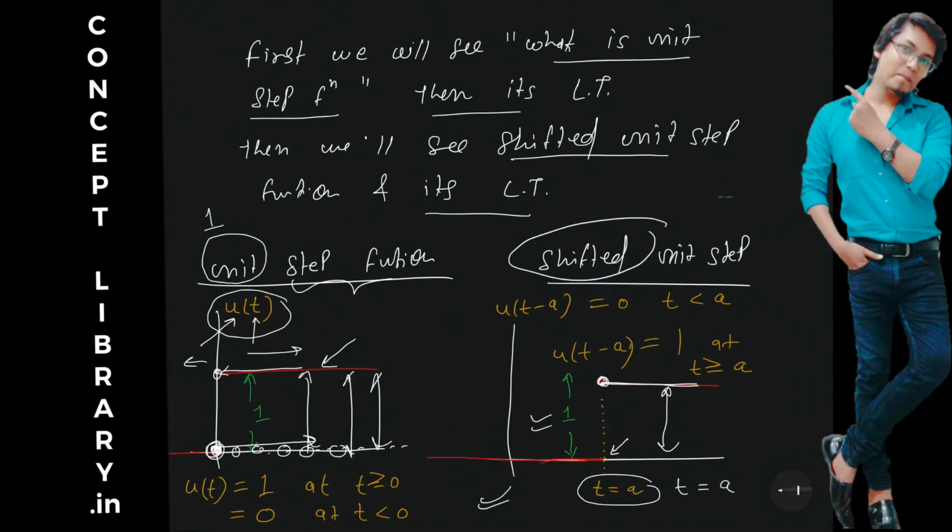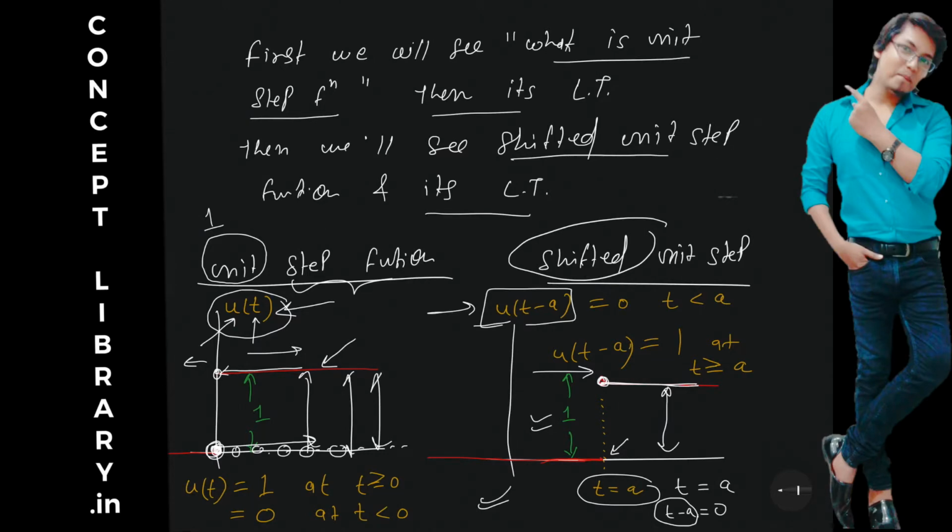So t is equal to a, so it will be t minus a equal to 0. So I am saying u(t minus a). This time I was saying u(t), now it is u(t minus a), and because it has shifted to the right side, we can say right side shifted unit step function.